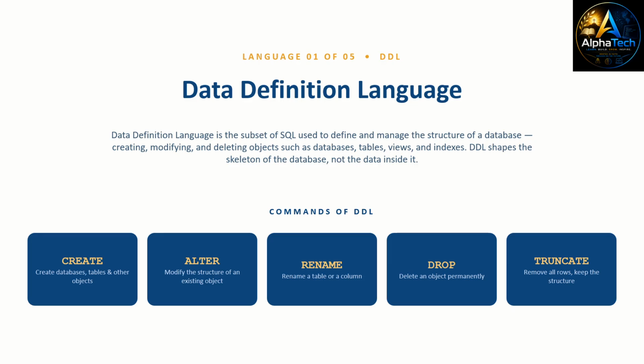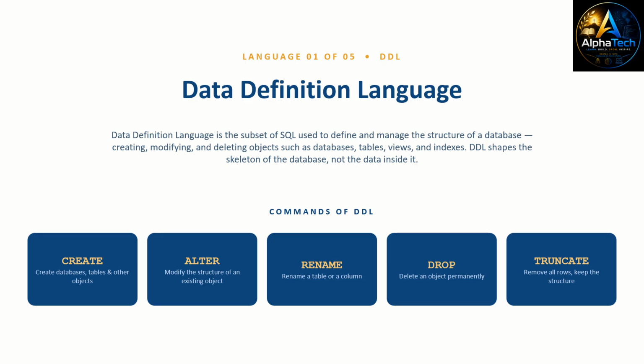Now let's compare drop and truncate. Right now we need to delete roll numbers. Drop removes the roll numbers entirely, and we are unable to see the structure or even the column name. But truncate keeps the column name, roll number, as it is and deletes all the roll numbers below it. That's the difference between drop and truncate.